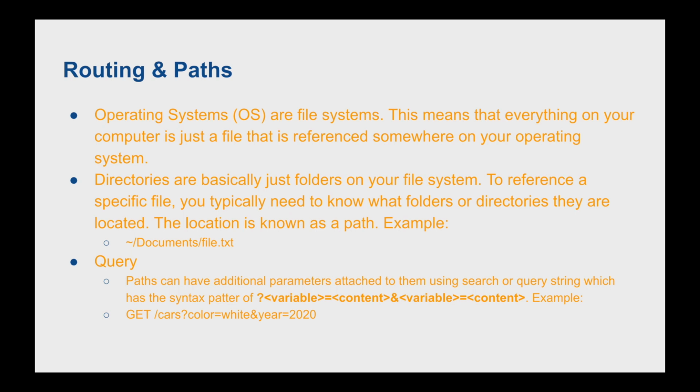Next on the list, we have query. Paths can have additional parameters attached to them using search or query strings, which has a syntax pattern of question mark, which typically stands for query, and then a variable equals the content.